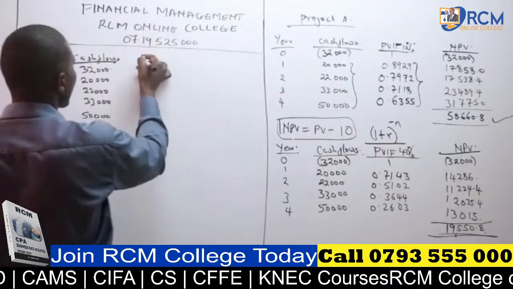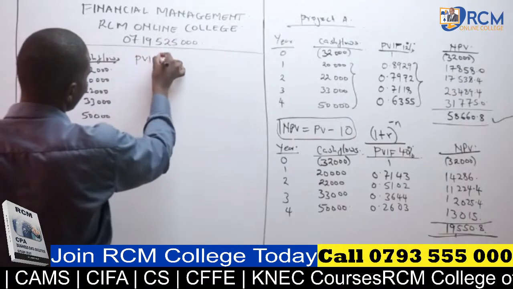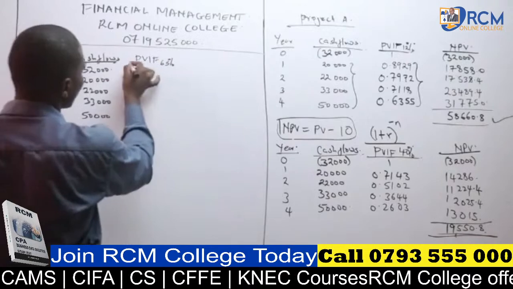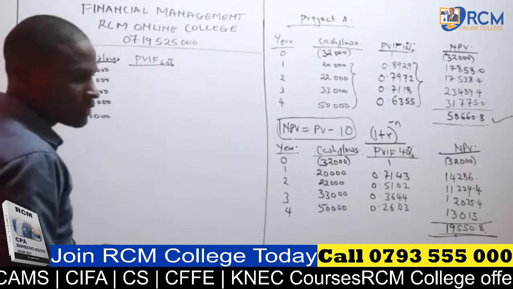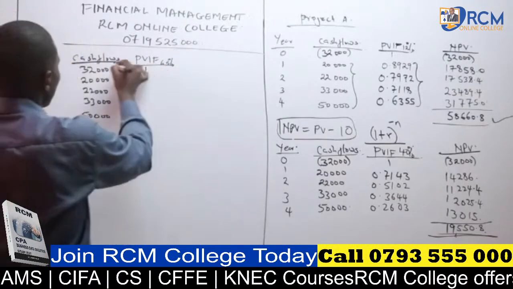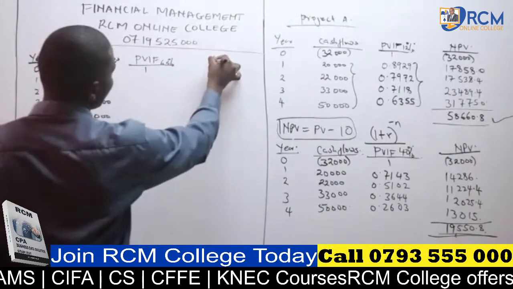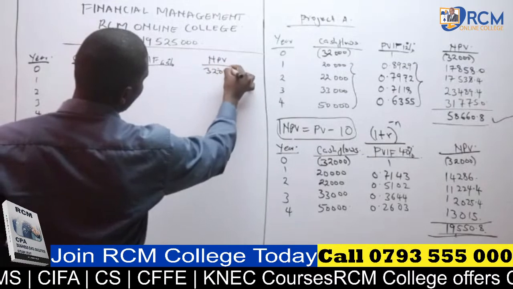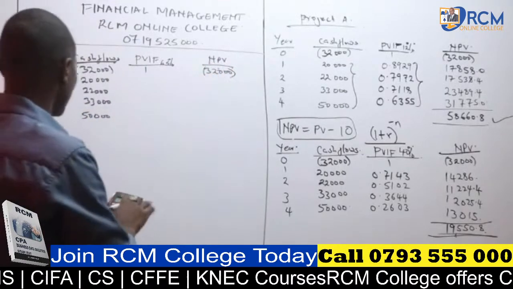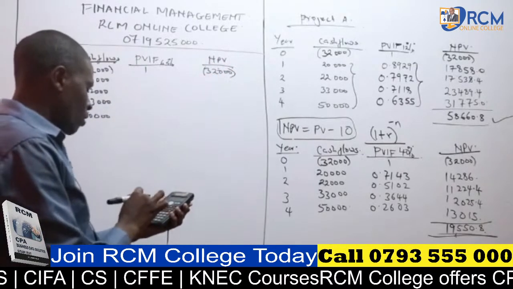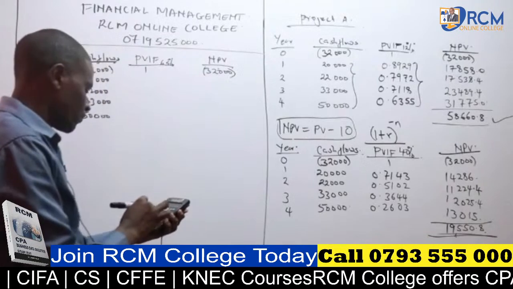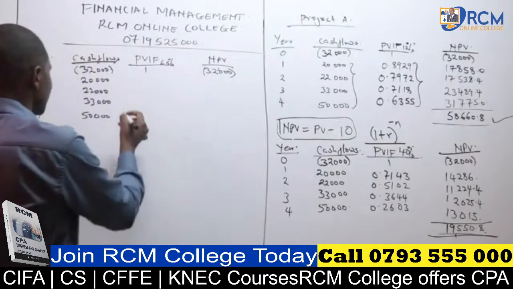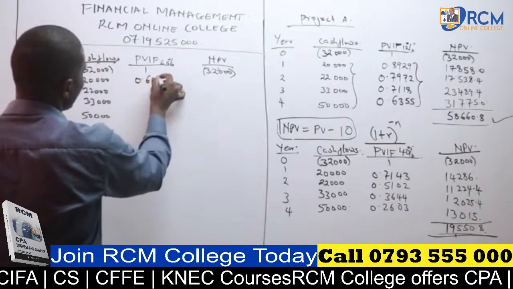Allow me to use that. We use 65. I will use 65%. That is okay. Let's see. This is 1. My NPV here: initial outlay of 32,000 does not change. So 1.65 raised to power negative 1 gives 0.6061.